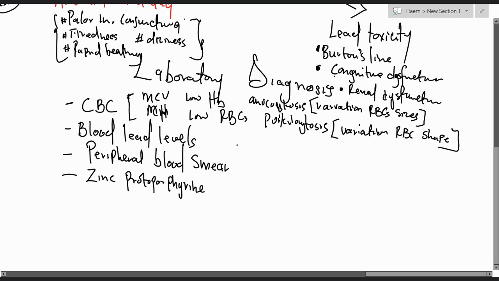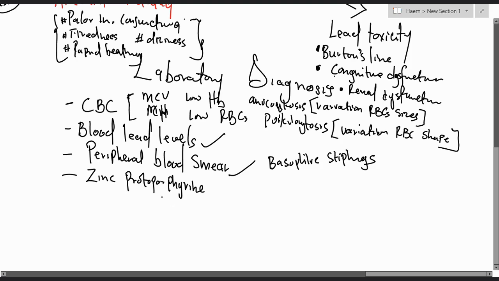Then for peripheral blood lead levels, that one is a direct indicator. When it's high, we can say it's lead poisoning. On the blood smear, we are looking for basophilic stippling, which is also a diagnostic marker.